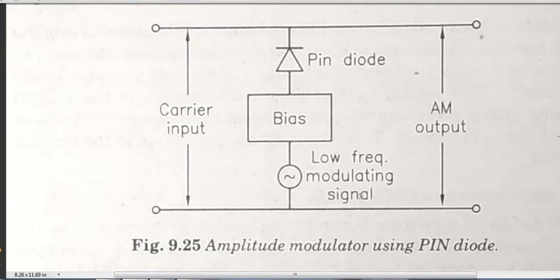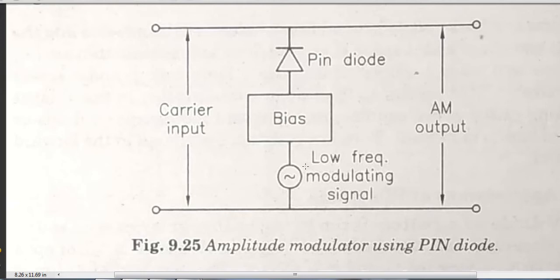The modulating signal amplitude is kept smaller than the RF carrier signal. The modulating signal changes the RF resistance of this diode so that a varying amount of mismatch results. Hence the amount of carrier power reflected back, and hence the amount of carrier passed beyond the diode circuit toward the output, varies as the input value of the modulating signal.